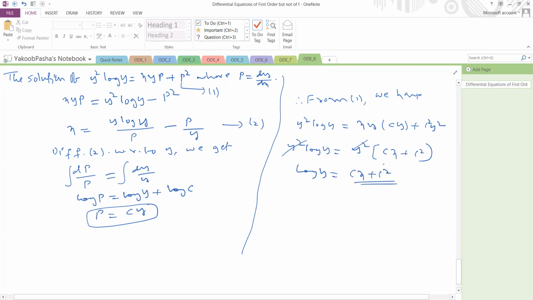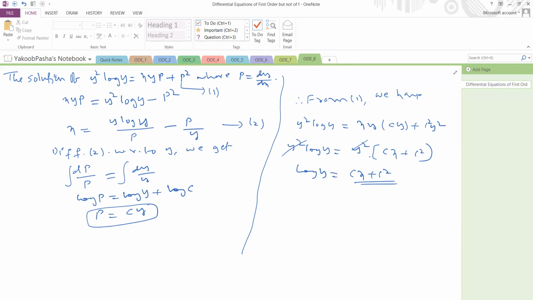Okay, you have to remember this. If it is easy to write the y value, we have to differentiate with respect to x and separate x dx terms on one side and y dy, p dp terms on the other side.